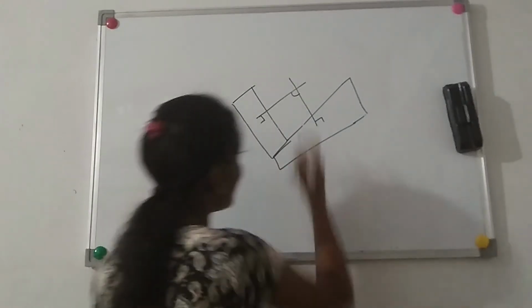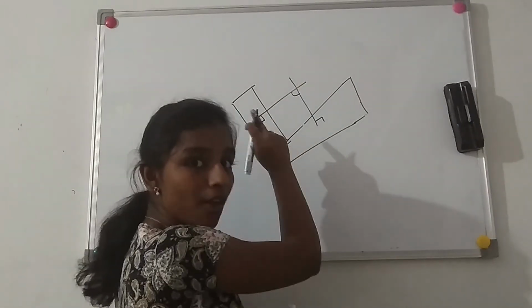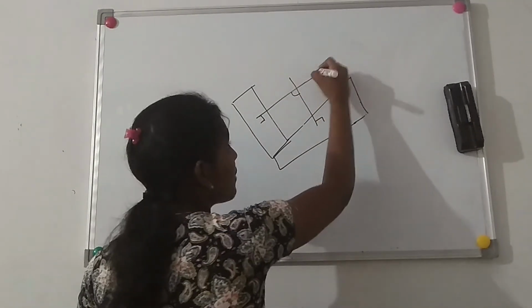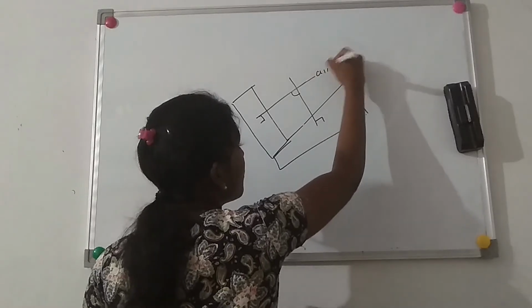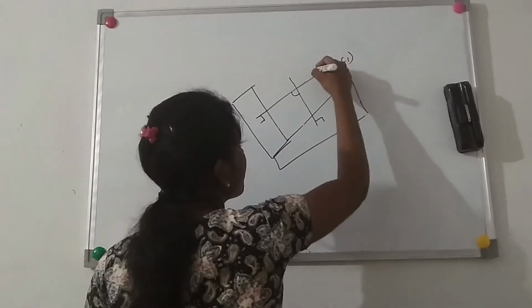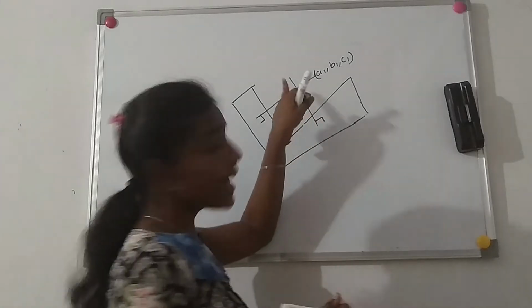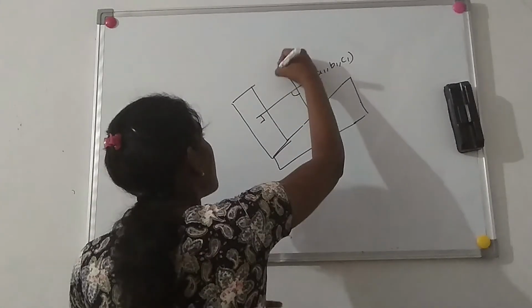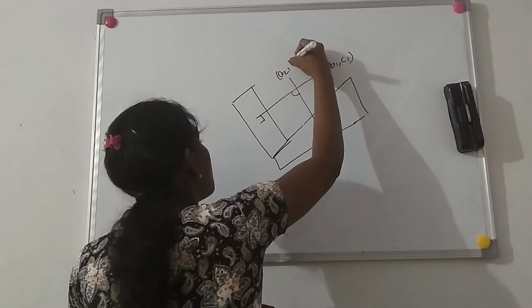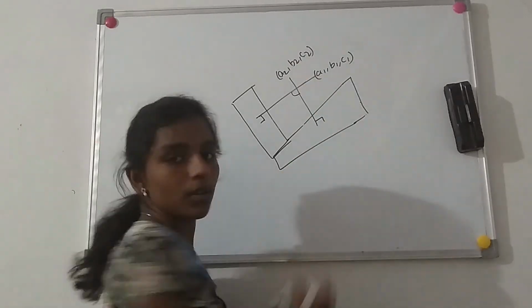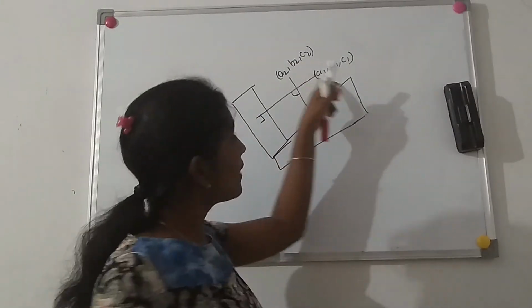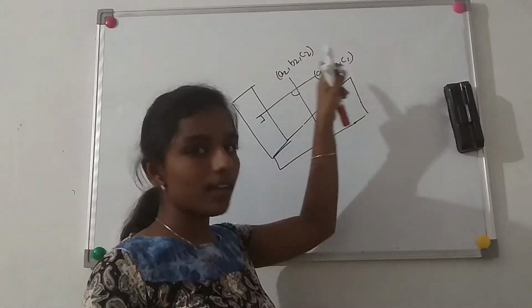If the drs of this normal is a1 comma b1 comma c1, and the drs of this normal is a2 comma b2 comma c2. Okay, we have been given the drs of the normals.